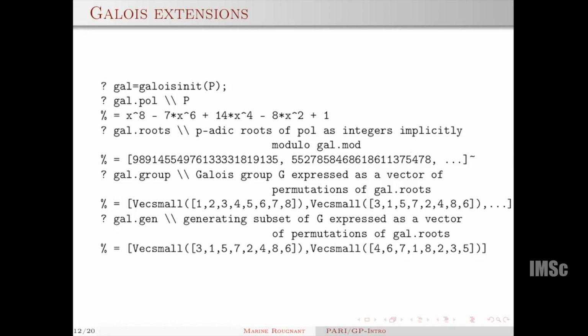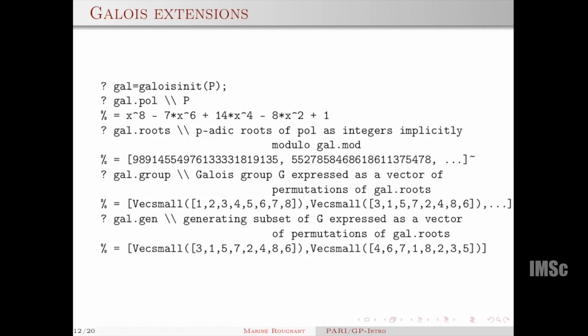These are p-adic roots of this polynomial, which are given by quite big integers modulo some prime, which is this prime. Have a look at the documentation if you really need to work with these roots. But you can have access to the roots.